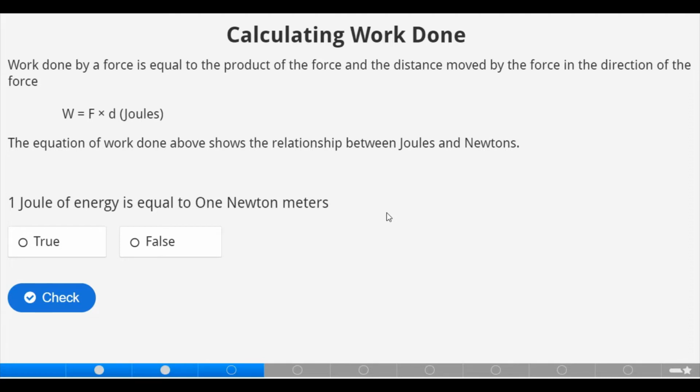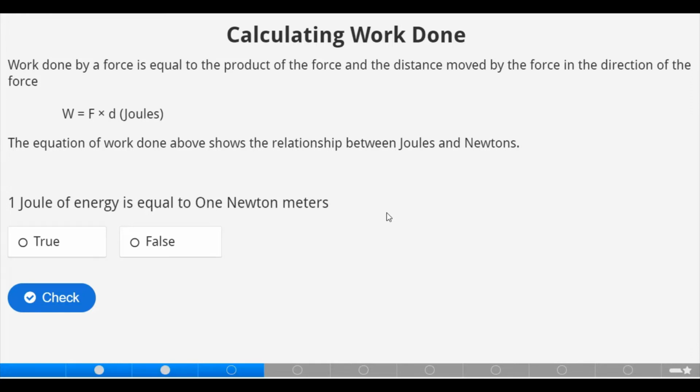Work is measured in joules. The product of force and distance is also measured in joules. The equation of work done shows the relationship between joules and newtons. That shows that 1 joule is equal to 1 newton meter.